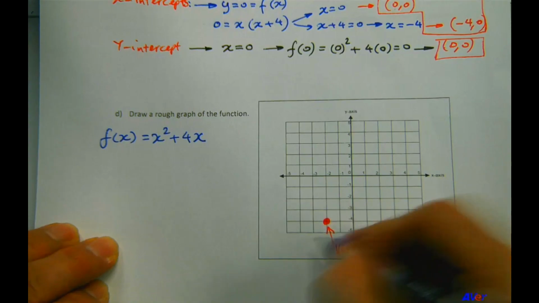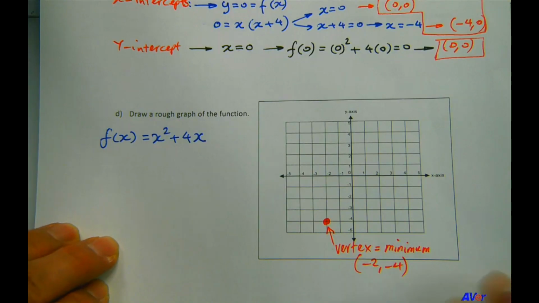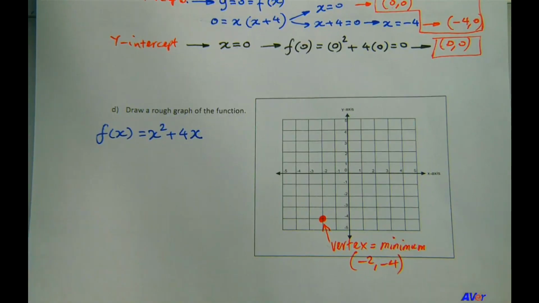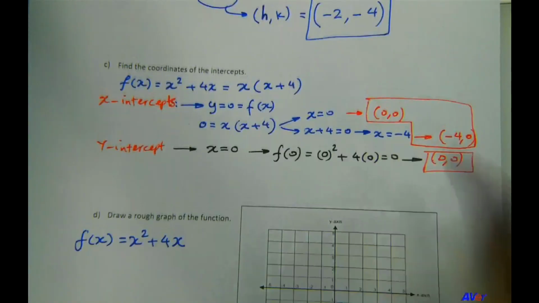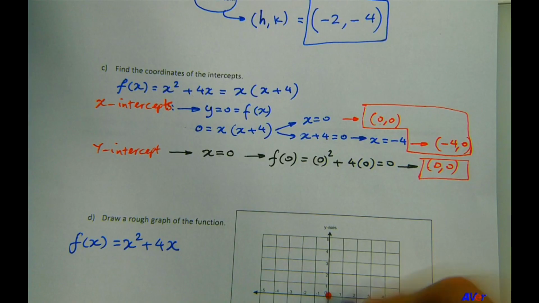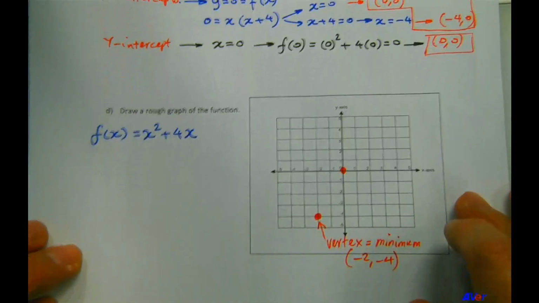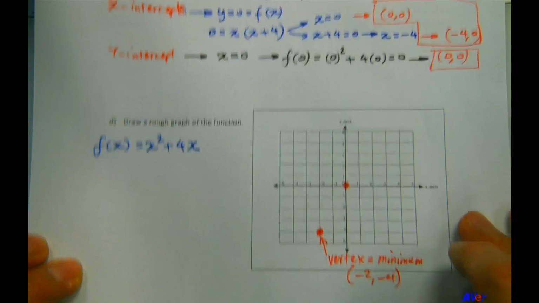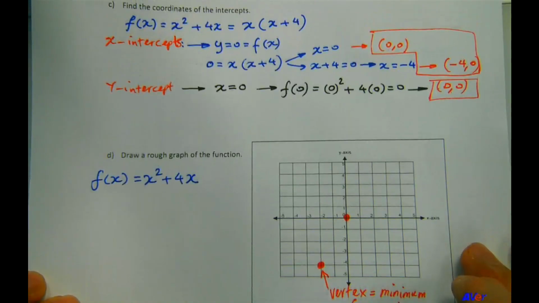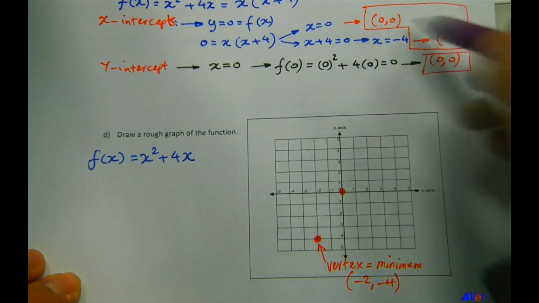And it has coordinates (-2, -4). We know that. So, what else do we need to graph this quadratic function? We need the intercepts, of course. One is that (0, 0) is both the x and the y-intercept, right there. Sorry, I was off the screen for a second there. So we have the x-intercepts and the y-intercept.